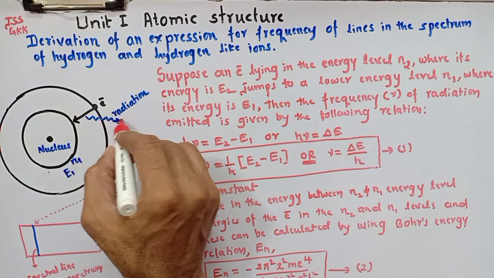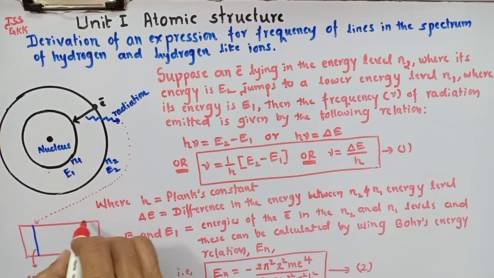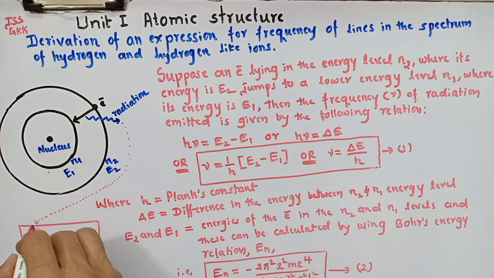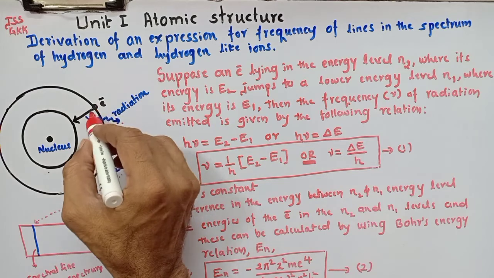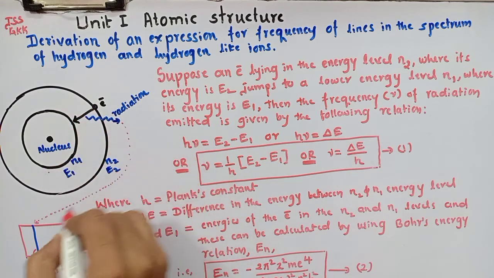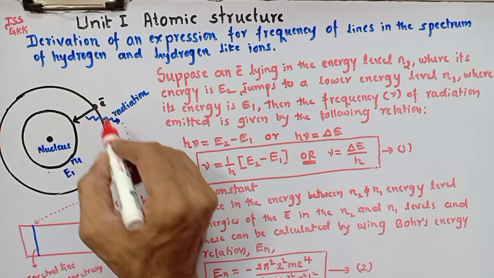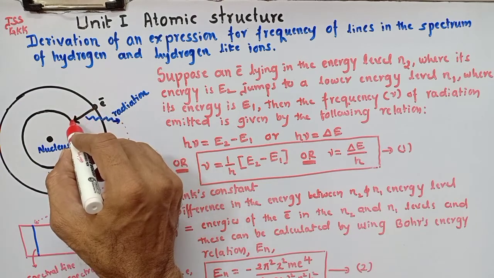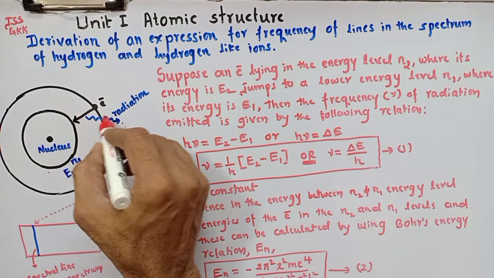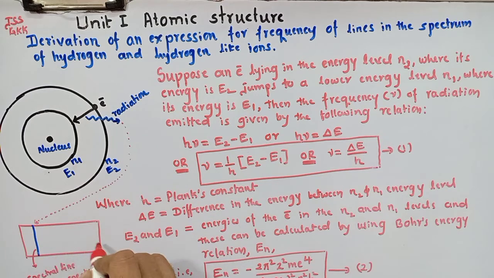This emitted radiation is allowed to fall on a photographic film, where it will appear as a spectral line. That means each transition of an electron from a higher energy level to a lower energy level will appear as a spectral line. For example, the electron in the N2 level, when it jumps to the lower energy level N1, will emit radiation, and this radiation, allowed to fall on a photographic film, will appear as a spectral line here.